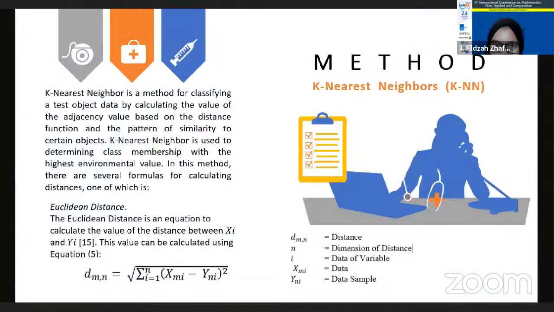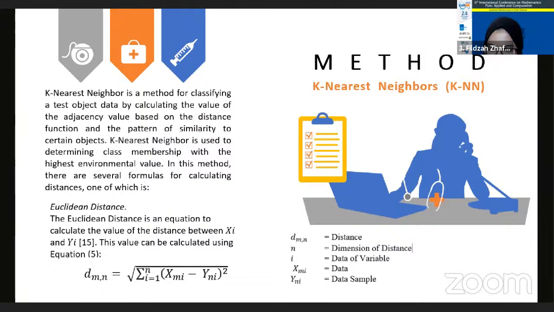Method. The first method is KNN. KNN is a well-known non-parametric classifier that is widely used in pattern recognition. KNN is a method to classify an object by calculating values based on the distance function and the pattern of similarity to certain objects.